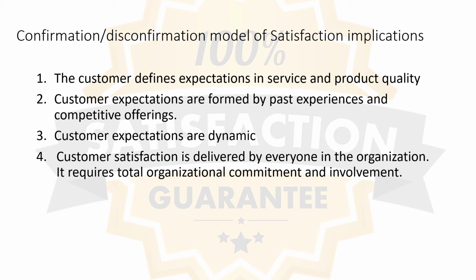Customer expectations are dynamic. That is, they change over time. Sometimes expectations go up, sometimes expectations go down. And then finally, of course, customer satisfaction delivered by everyone in the organization requires total organization commitment and involvement.